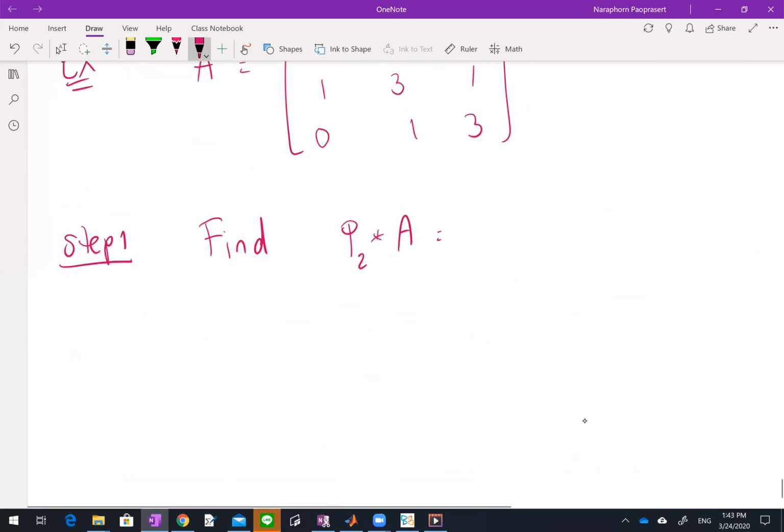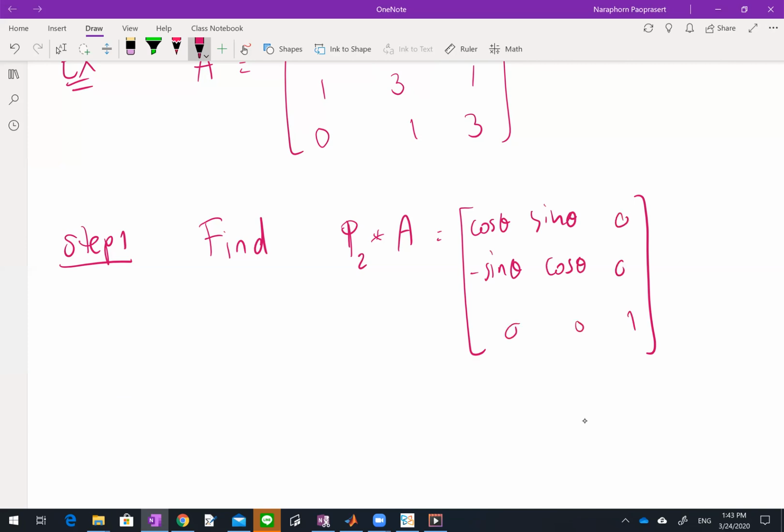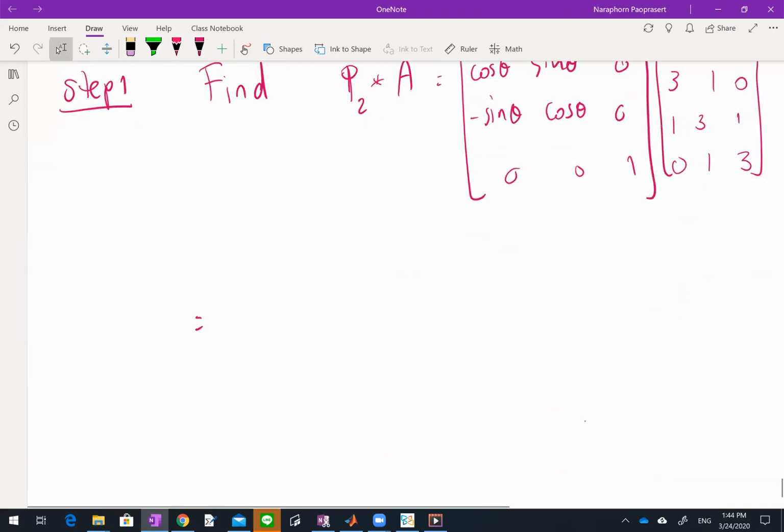P2 times A, P2 we said earlier is cos, sin, minus sin, and cos, then 0, 0, 0, 0, 1, times A. You multiply the two matrices, and this is what you get: 3 cosine theta plus sine theta, minus 3 sine theta plus cosine theta.